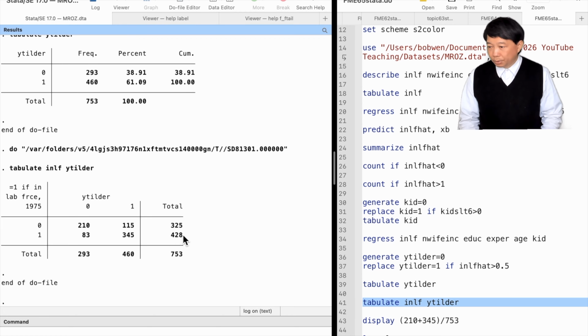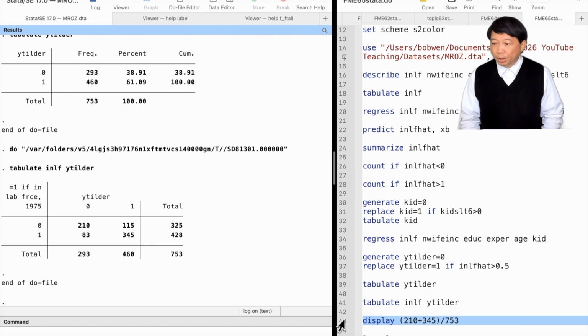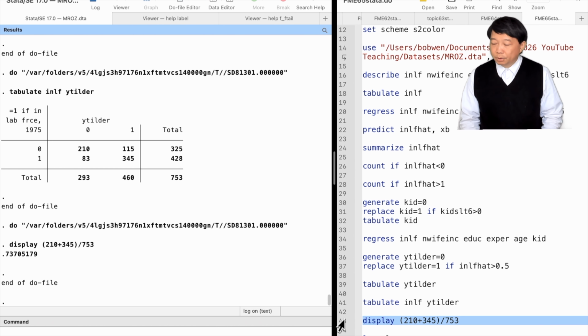The second row shows that among 428 married women who worked, 345 are correctly predicted. Overall, 210 plus 345 equals 555 observations that are correctly predicted. It is 73.7% correctly predicted. It is a decent prediction.